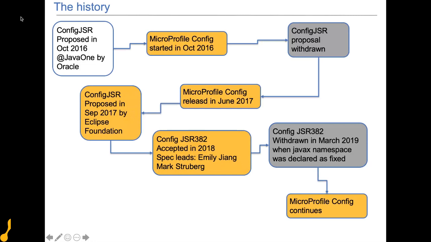And then, as you can see, in June 2017, MicroProfile Config was released. This is the first release. During those 8 months, I didn't spend most of the time on the APIs. I spent considerable time figuring out how to release the artifacts under Eclipse Foundation.